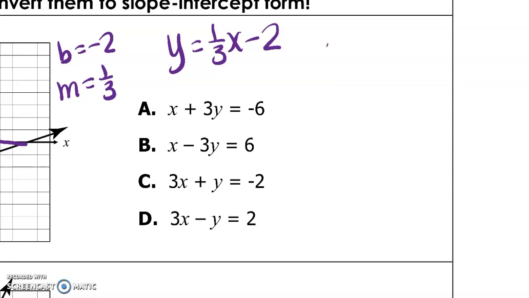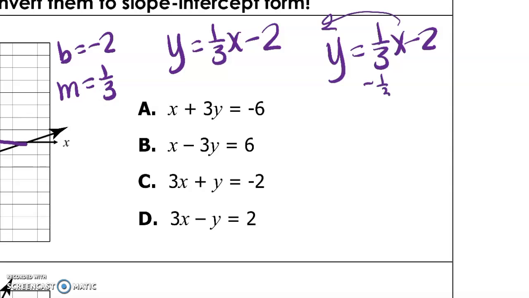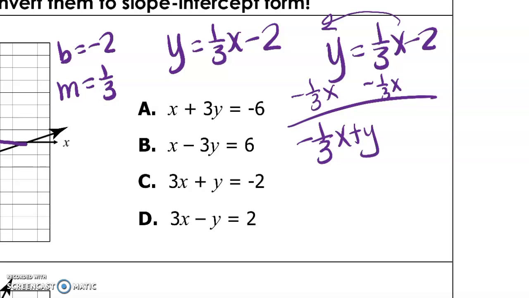Let me rewrite that over here. What we can do now is we can actually put it back in standard form. So to put it in standard form, you're going to move your x term back over to the left. So I would subtract 1/3 x. Negative 1/3 x plus y is equal to negative 2. Now notice none of these answers have a negative for the x.